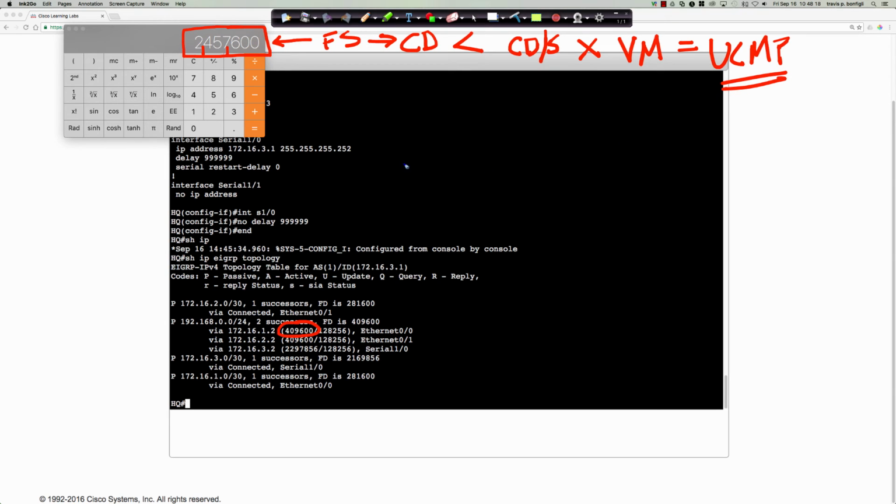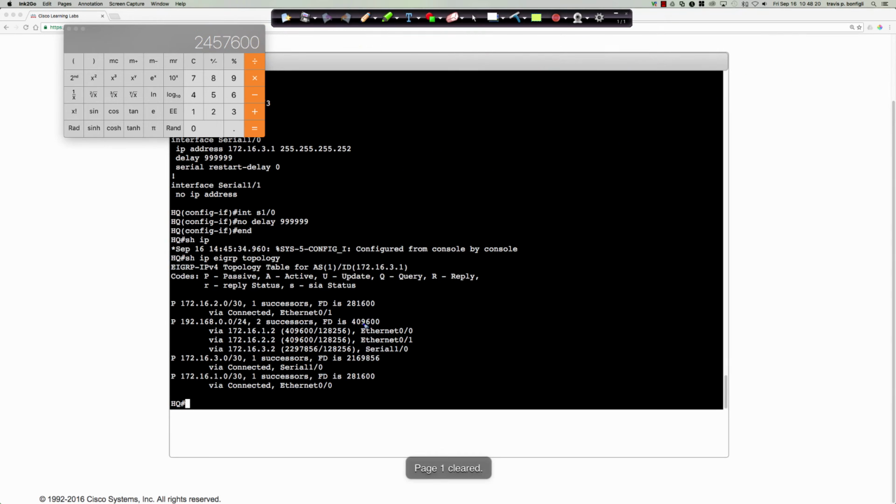And I know that's a mouthful. So to break it down, if that value is less than the computed distance of the current successor times the variance multiplier, then this can participate in unequal cost multipathing.